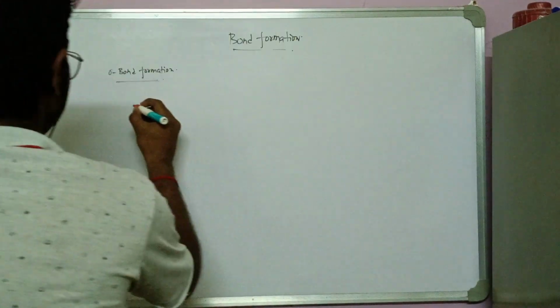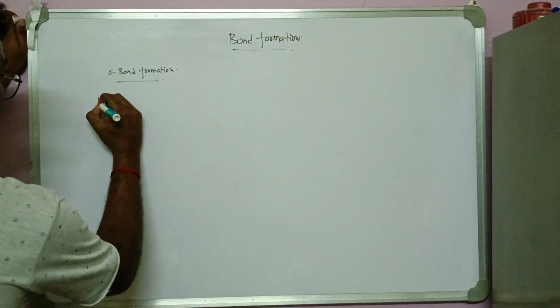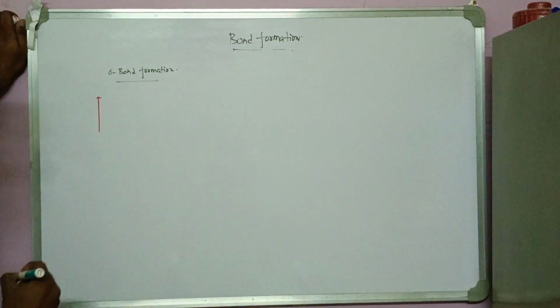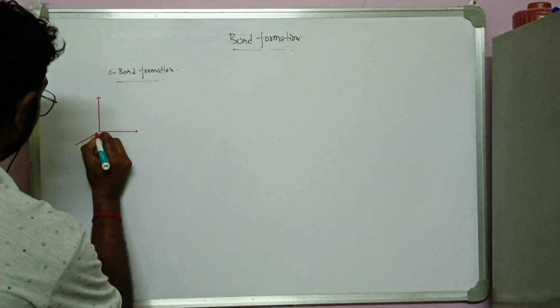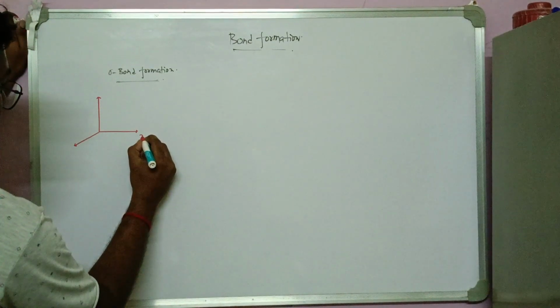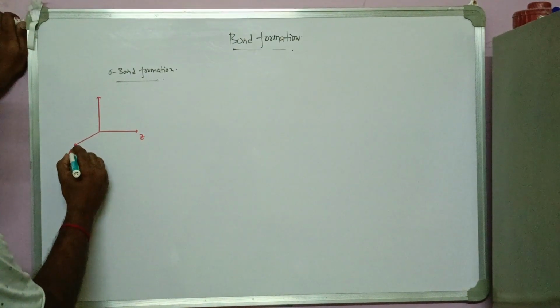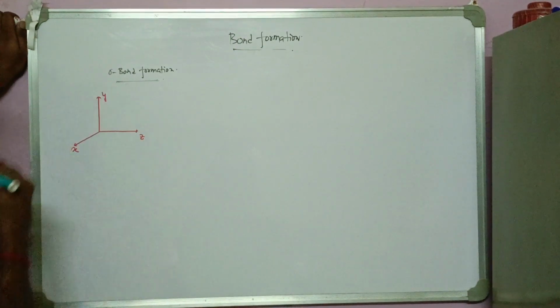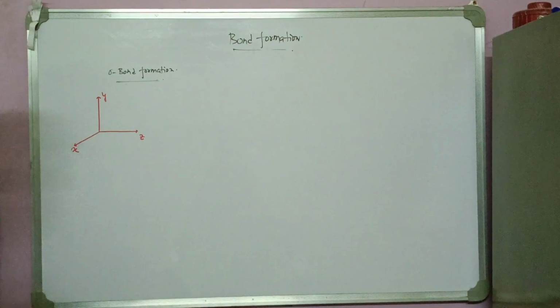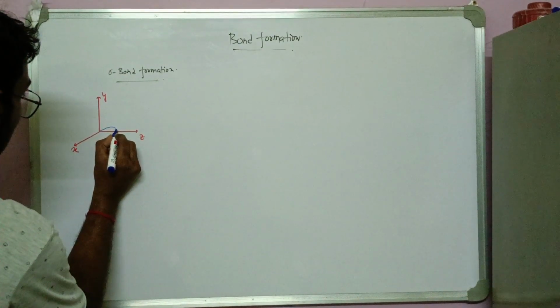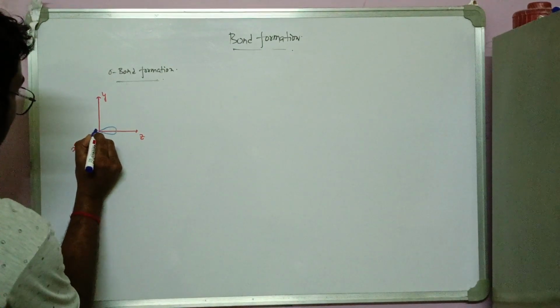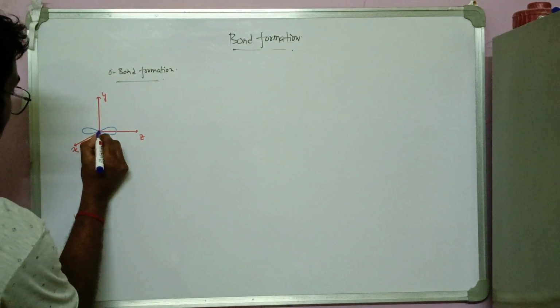I will suggest you not to change the coordinates. Let's assume that this is the z axis, this is x, and this is y. So what will be the structure of pz? This will be the pz.